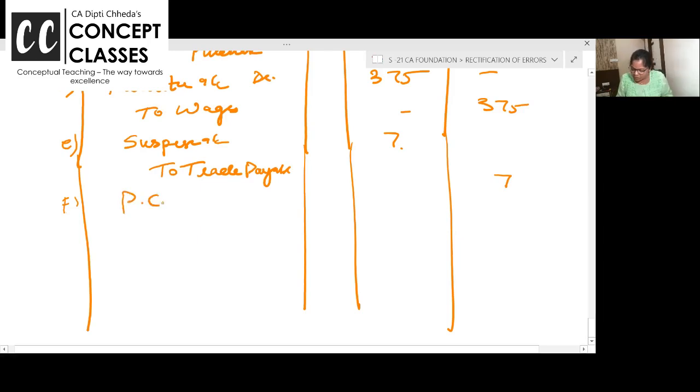Actually, which account should you debit? One minute, I'll tell you. When you receive the check, what's the entry? Bank to Joshi. When it is returned, Joshi debit to bank. Instead of debiting Joshi, you debited the allowance account. So now allowance account credit, Joshi account debit.